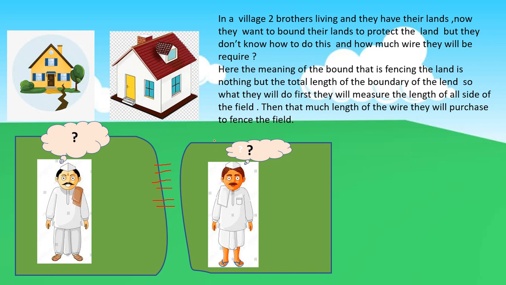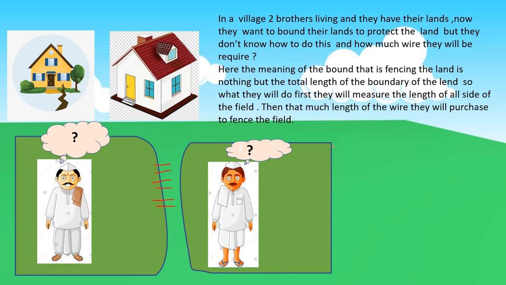So here the fencing is nothing but the total length of the boundary. So the total length of the wire which they require is the total length of the boundary of their land. So first they will measure the length of all sides of the field.